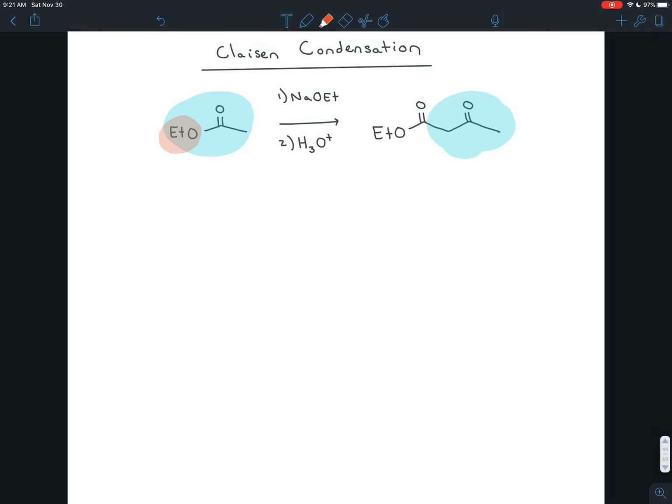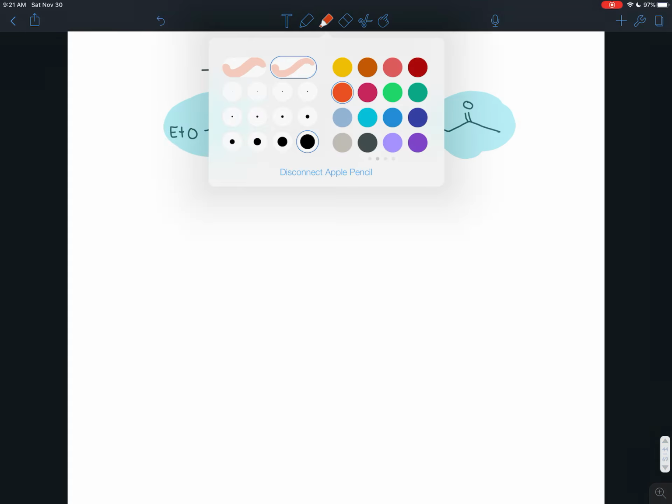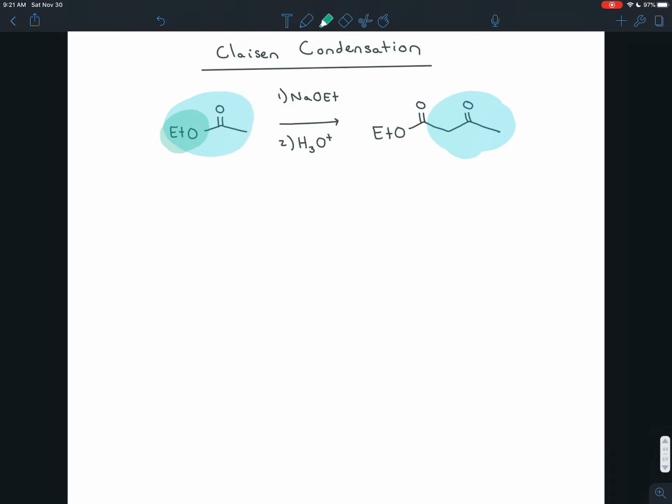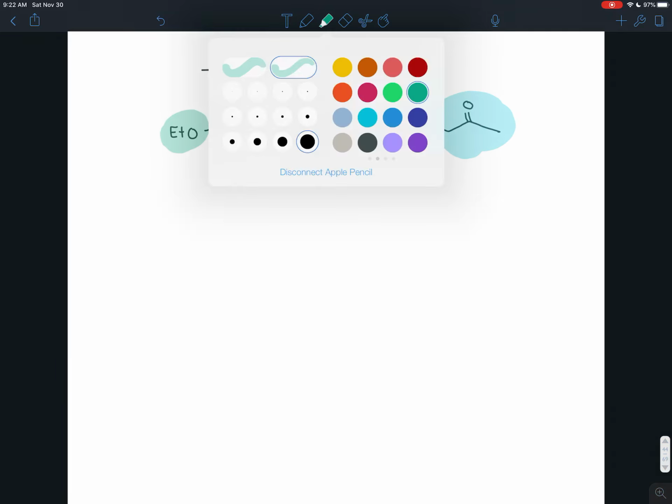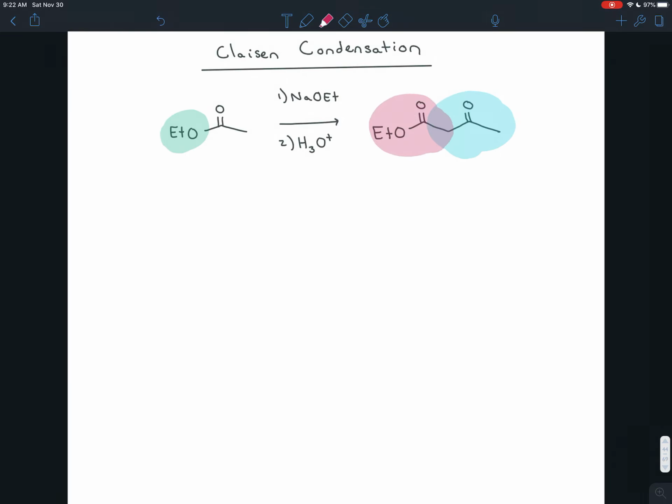Esters are carboxylic acid derivatives, and whenever you see carboxylic acid derivatives, you want to see the group attached to the carbonyl carbon as a leaving group. And so that group was changed with this other group. You could see how this leaving group left first, and this nucleophile came in.